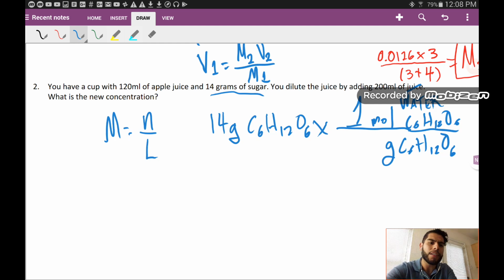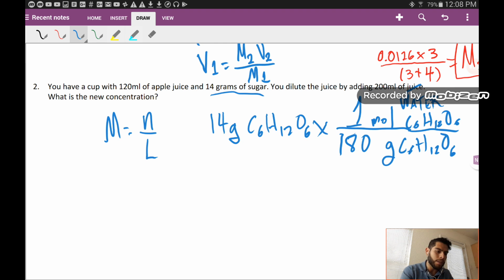If you calculate the molar mass of sugar, you add 6 carbons, 12 hydrogens, and 6 oxygens. It should give you around 180 grams.